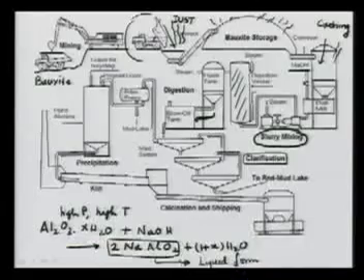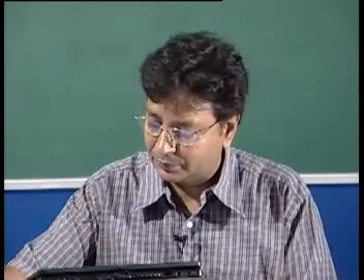So basically what you see is settling tank number 1, and the sludge becomes concentrated here, then it goes in here. This is the first one, the second one, and the third one. The design can vary, but the concept is that you are trying to remove all the impurities.